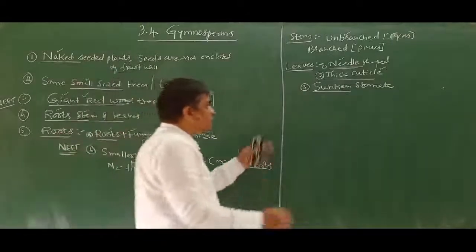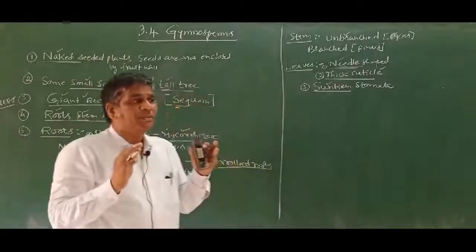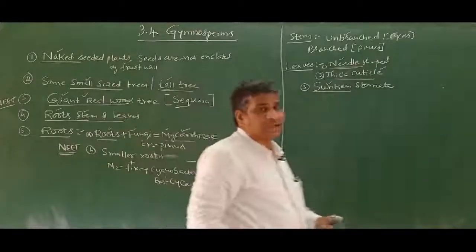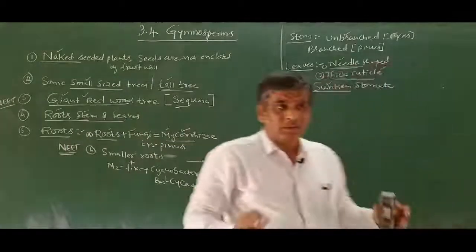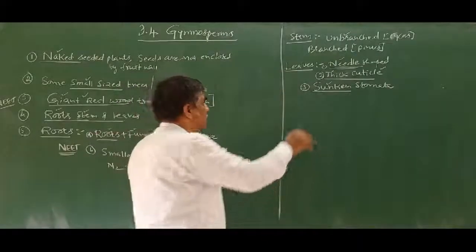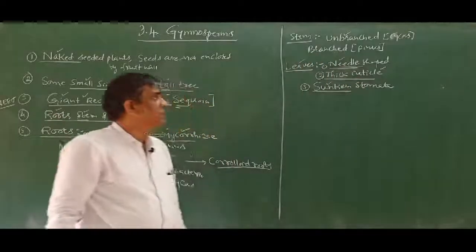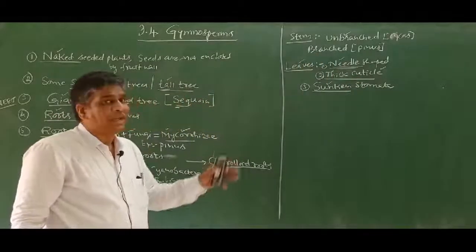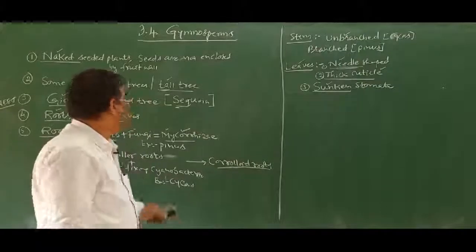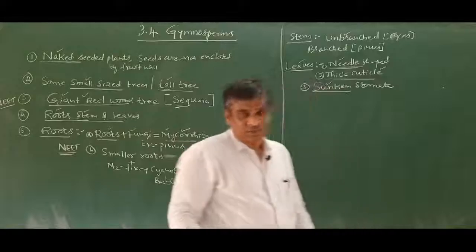Because of the sunken stomata, wind current will not influence the plant for evaporation, so loss of water is minimized. These characteristics in the leaf prevent water loss from the plant body. They can manage their water balance. So these are all morphological specialities or peculiarities in gymnosperms.